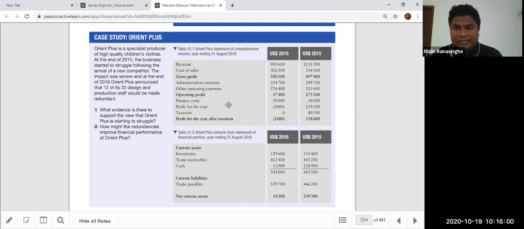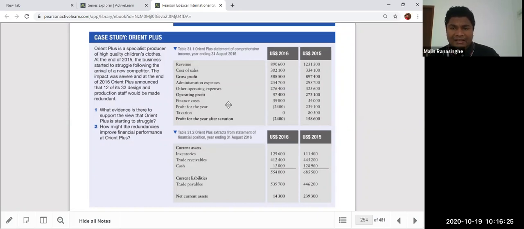Cost of sales slightly reduced, but gross profit has gone down from around 897 to 588, about 4 lakhs. Then administration expenses, you can see they pushed down because of the redundancy of the staff, 298 to 54. Other operating expenses slightly went down, 325 to 76.